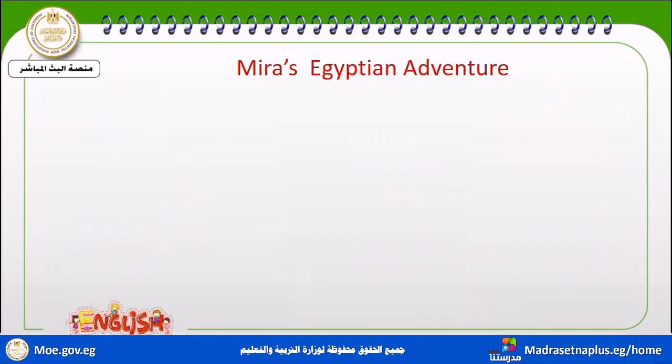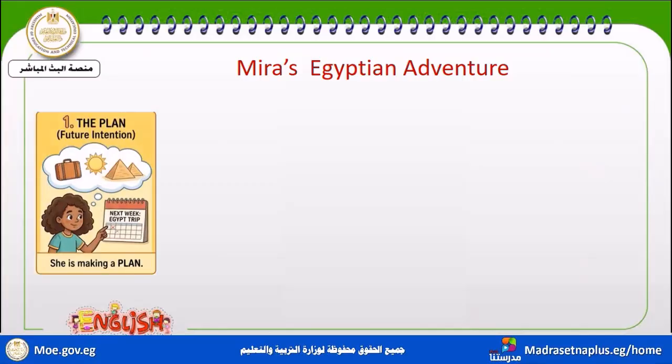We have a new friend now, which is Mira. Mira is going on an Egyptian adventure. And this is Mira planning for her adventure, and she is planning for the future, and her future trip or her plan is that next week she is going to visit Egypt or to plan a trip to Egypt.